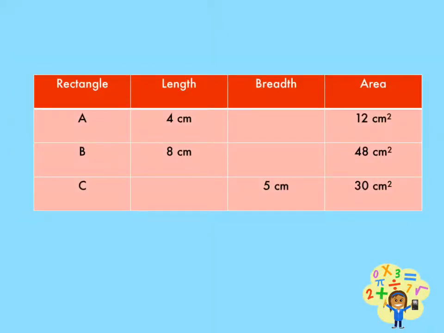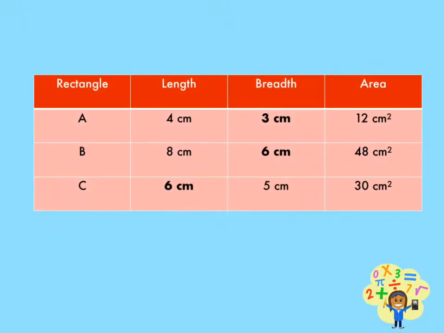This time, let's complete the given table and find the missing breadth and length of a rectangle. I'll be giving you at least 20 seconds to finish the given problem. To find the breadth of rectangle A, we simply divide 12 square centimeters by 4 centimeters, which will give us 3 centimeters.